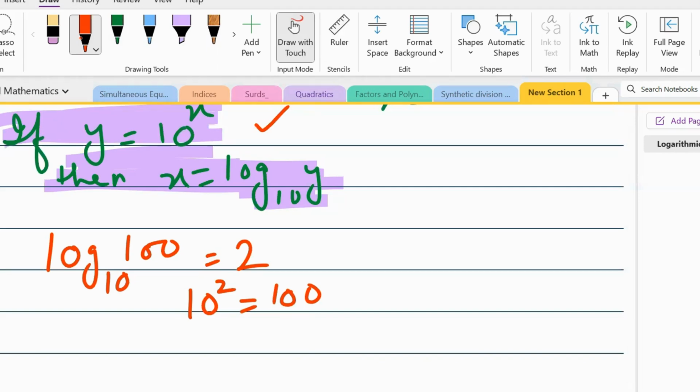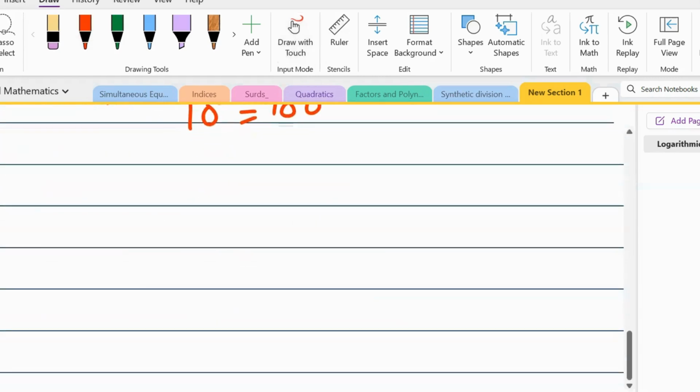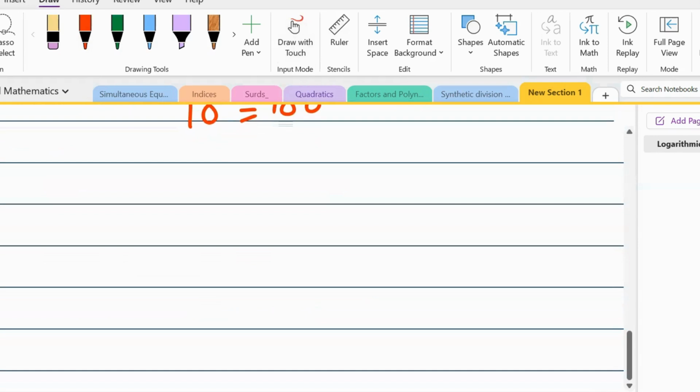And then you have to memorize certain statements which are true for logarithms. These are also called laws of logarithm. The first law states that log 10 of 10 is 1.